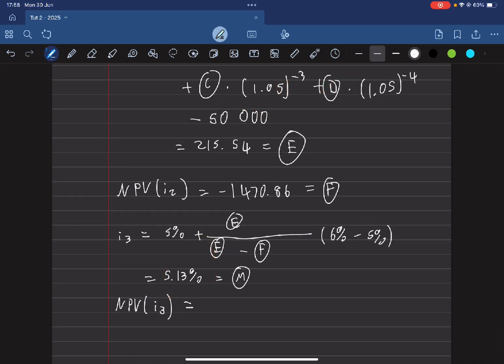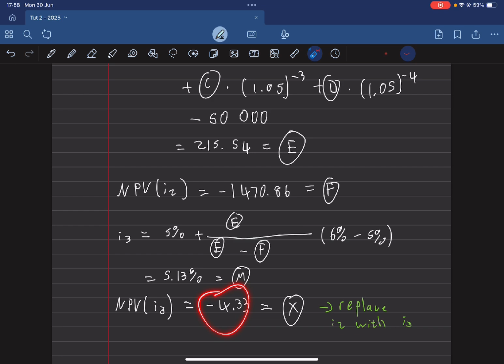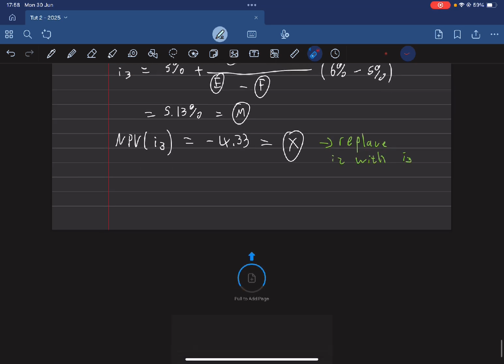When I sub it in, I get negative 4.33, and I'll save that as X. We can see that this is negative, so we want to replace I2 with I3. If it was positive, let's say positive 4.33, then we would replace I1 with I3. That's how linear interpolation works.